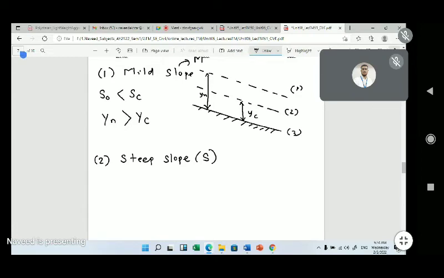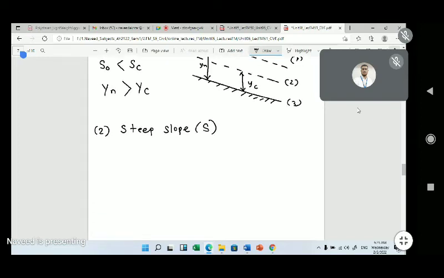Here you can see for the steep slope, the slope is very steep. Here the actual depth is less than the critical depth.